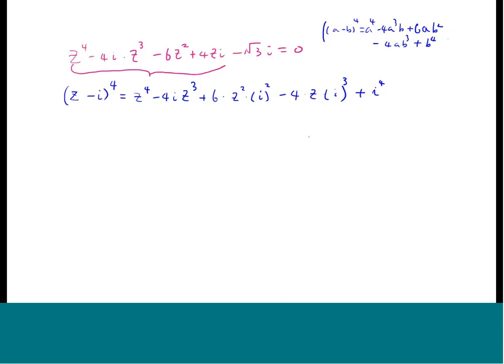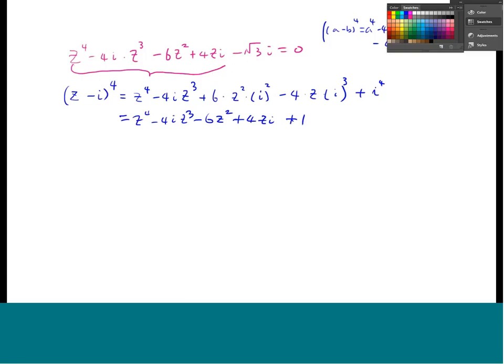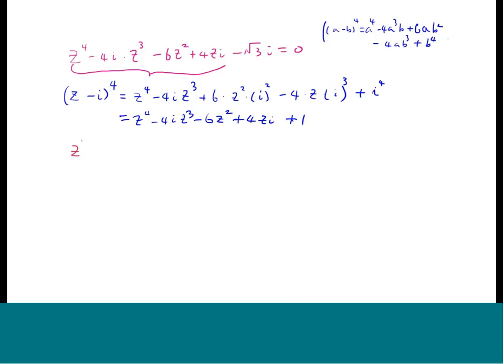Is that right? z to the 4 minus 4iz cubed minus 6z squared plus 4zi. So that part is essentially plus 1. Sorry, using the original one, I put z to the 4 minus 4iz cubed, then minus 6z squared plus 4zi.